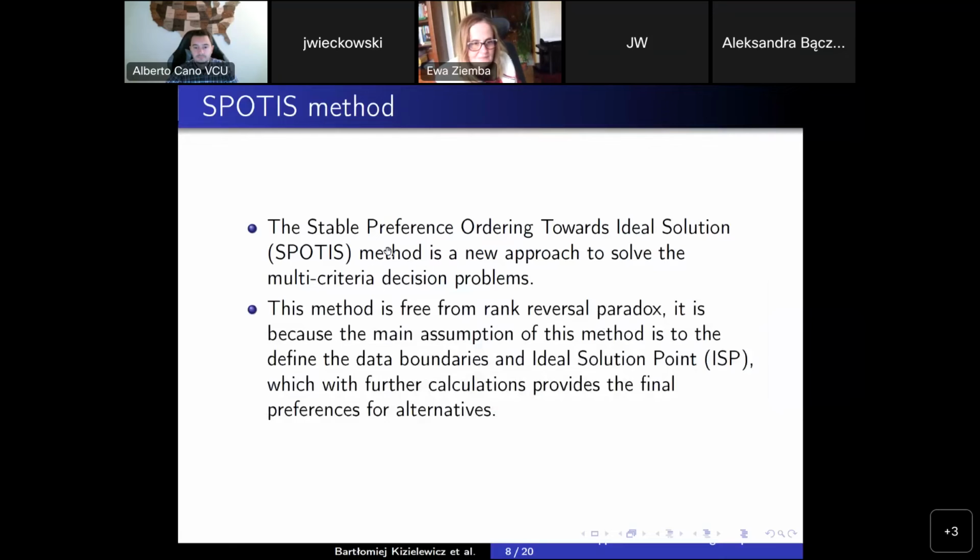And about the last method, it is SPOTIS. It's stable preference ordering towards ideal solution, and its main advantage is that it's completely free of the rank reversal phenomenon, and it uses the ideal solution point in calculations to provide the preference of alternatives.